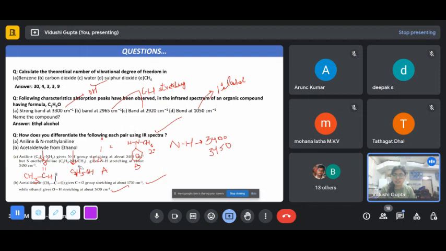So these values you should remember, like what are the characteristic peaks of CH stretching, C double bond C stretching, for the amines, for the alcohols. These all values you have to remember.